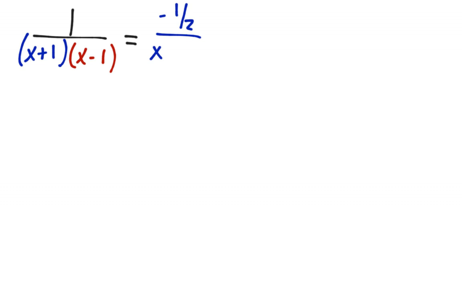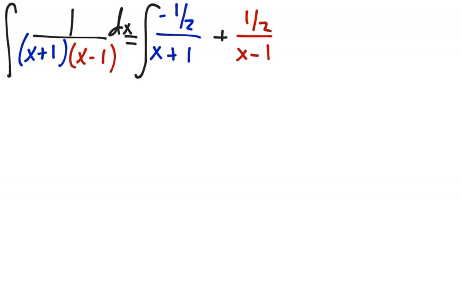What we just did was start with the fraction 1 over x plus 1 times x minus 1. We decomposed this fraction into negative 1/2 divided by x plus 1 plus positive 1/2 divided by x minus 1. Now we can go back to the original problem: what's the integral of all this?